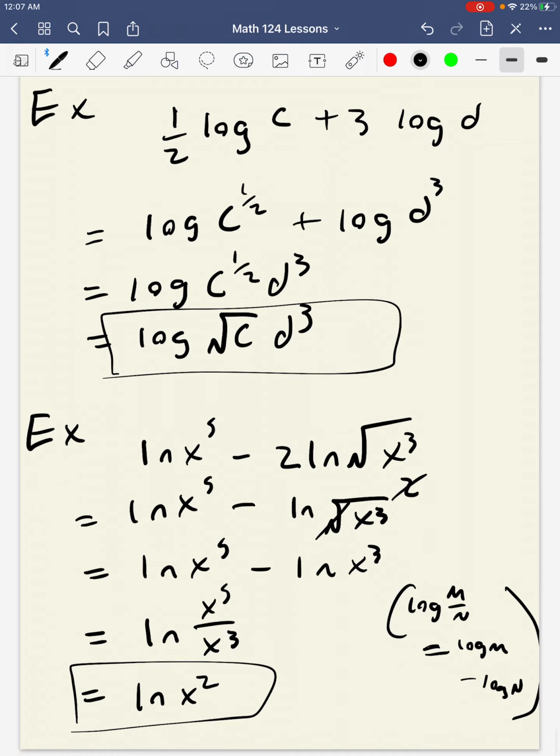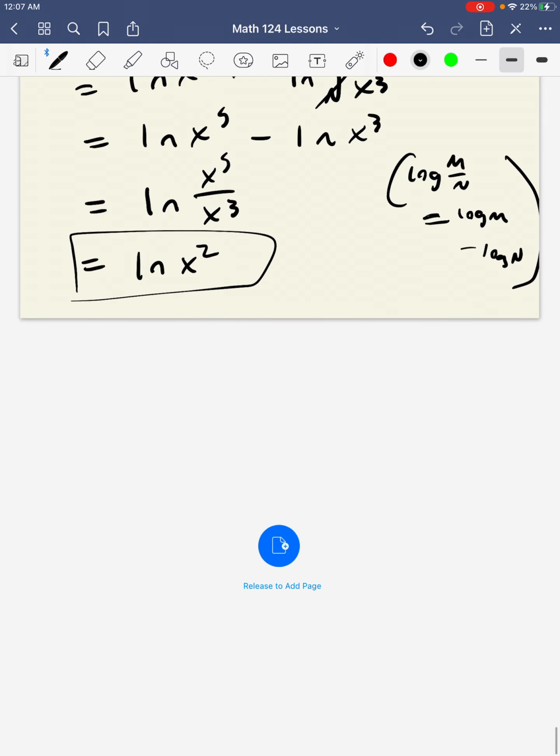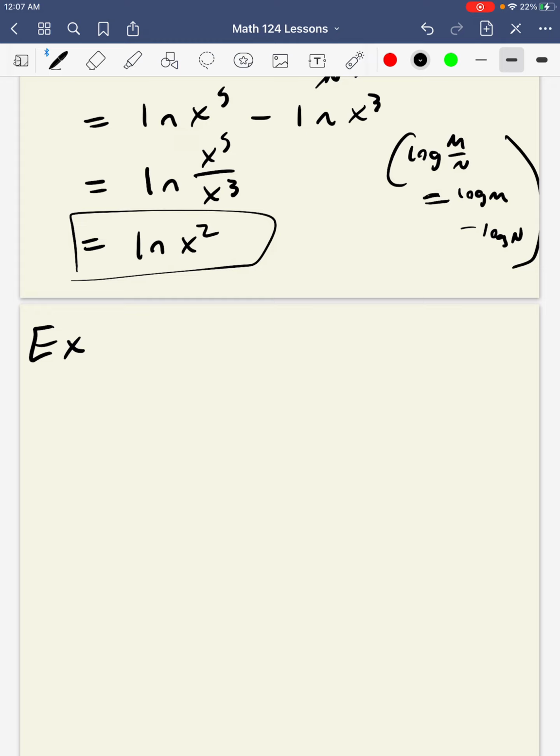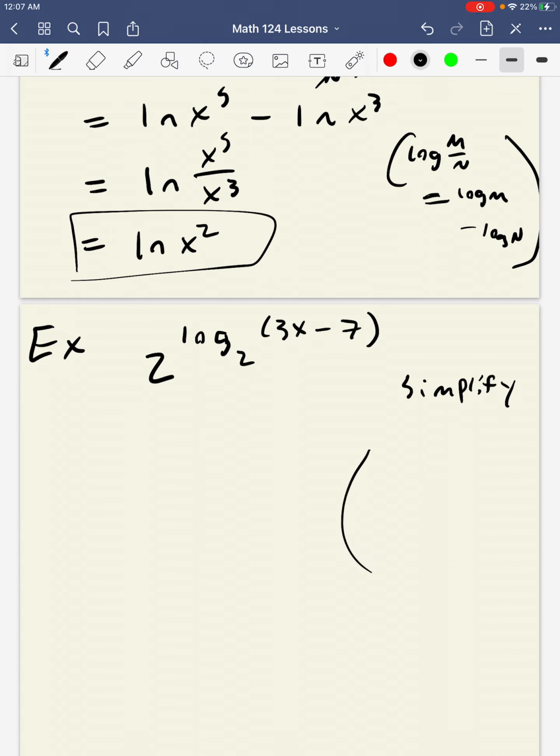Maybe do a few more examples. This one looks good. Let's do 2 to the log base 2 of 3x minus 7, and let us simplify this. Either at the beginning of this lesson, or we definitely mentioned it last lesson, that a raised to the log base a of some number, I'm just using the inverse property, so we definitely will be able to use that here.